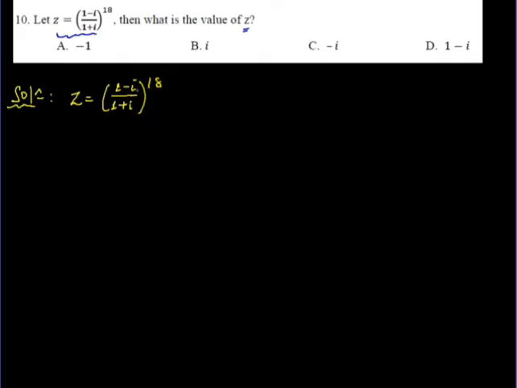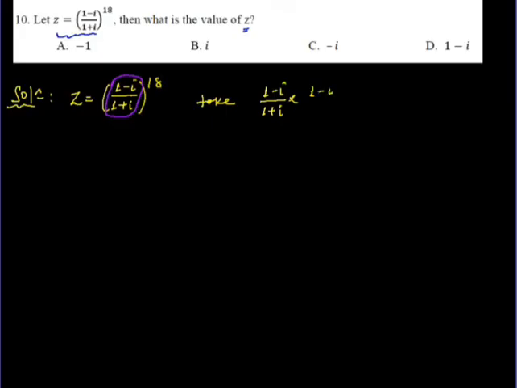The only thing that we can do is take the simplified form of (1 minus i) over (1 plus i). We simplify this expression, then we evaluate the simplified form of the given expression to the power of 18. So let us simplify or write this in another form.